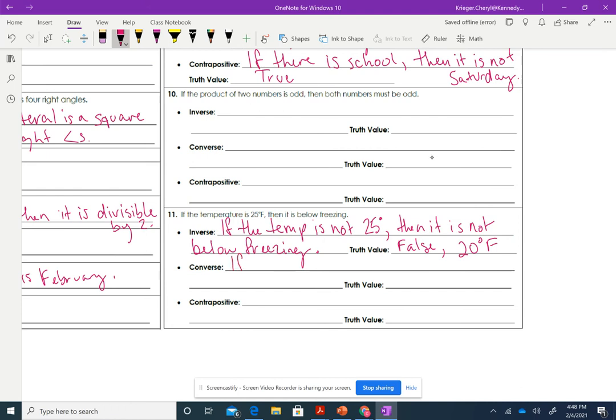The converse, we're going to switch P and Q. If it is below freezing, then the temperature is 25 degrees.